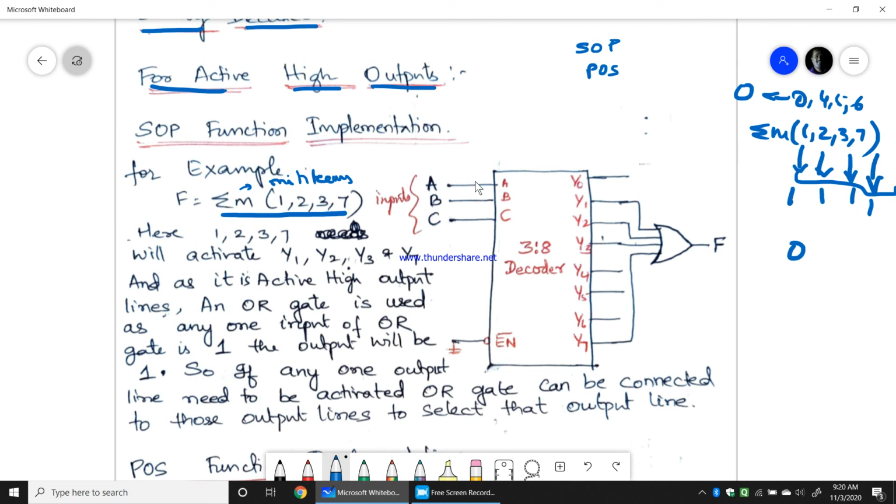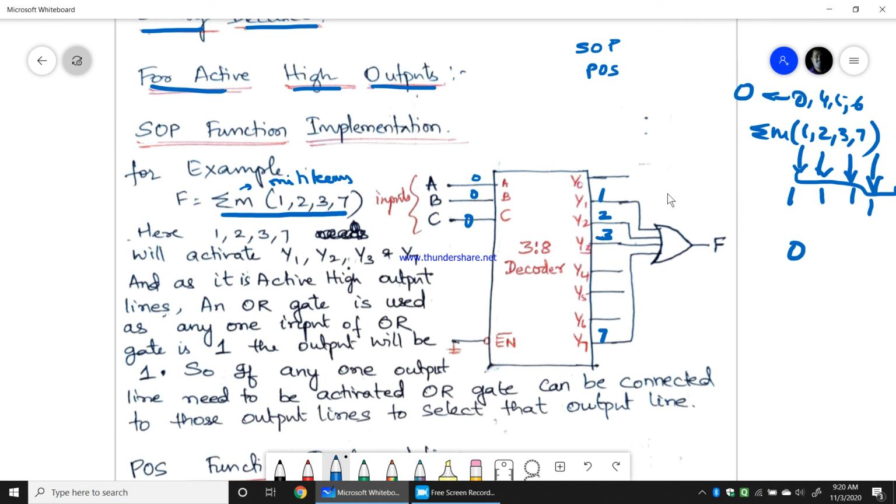So now even if ABC is 0 0 0, Y0 will be selected. I haven't connected this Y0 to any other gates, so this is disabled, we are not considering it at all. We need to consider 1, 2, 3, and 7. All others are not connected to the extended gate. So 1 is given, 2 is given, 3 is given, 7 is given.